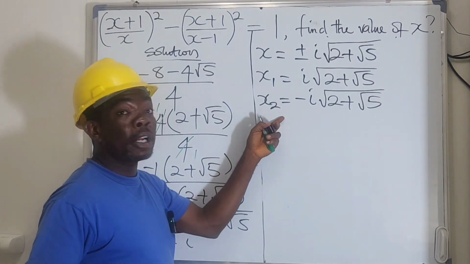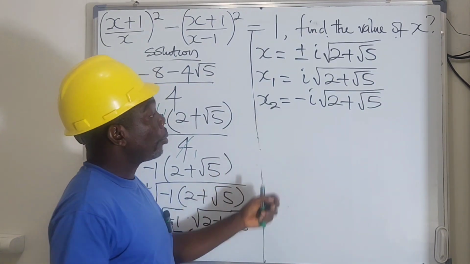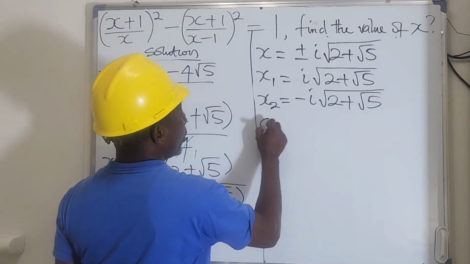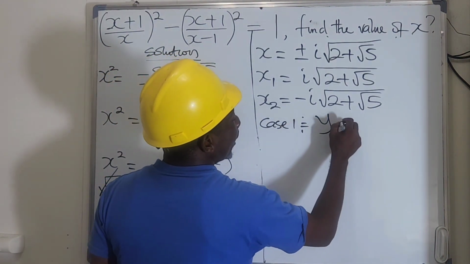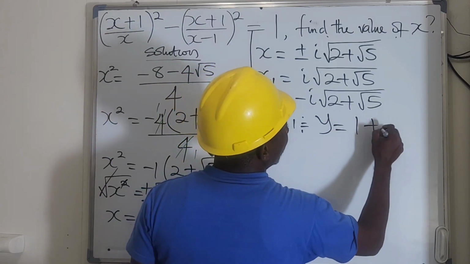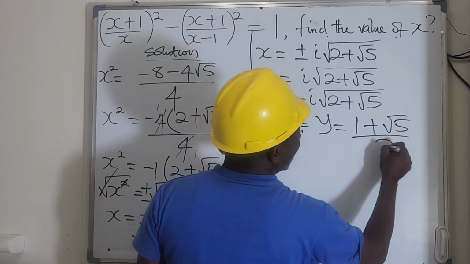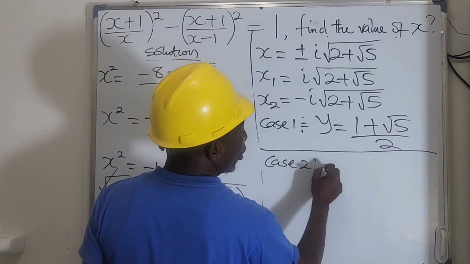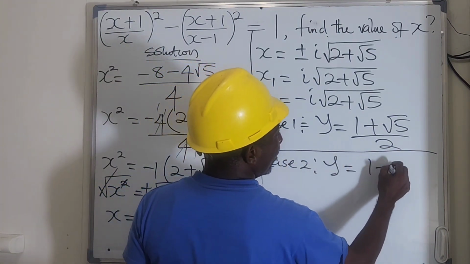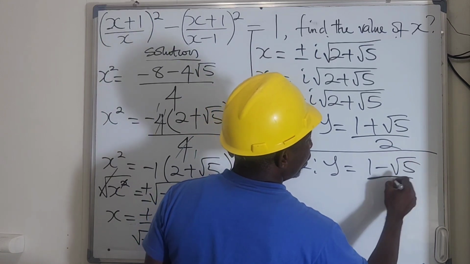These are the possible values of x1 and x2, but this is for case 1, where we used y equals 1 plus root 5 all over 2. But for case 2, y equals 1 minus root 5 all over 2.